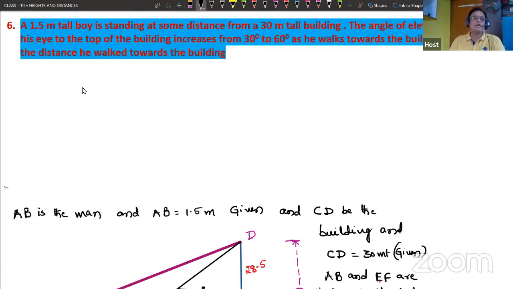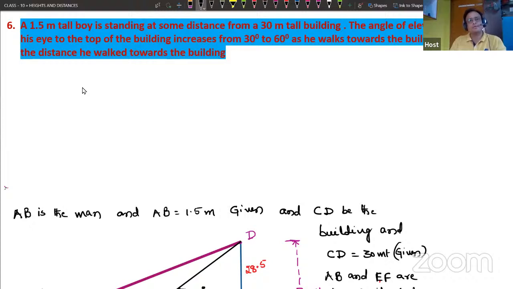A 1.5 meter tall boy is standing at some distance from a 30 meter tall building. The angle of elevation means what? Straight eyesight. The straight eyesight up is called angle of elevation. Always angle must be measured from the straight eyesight.